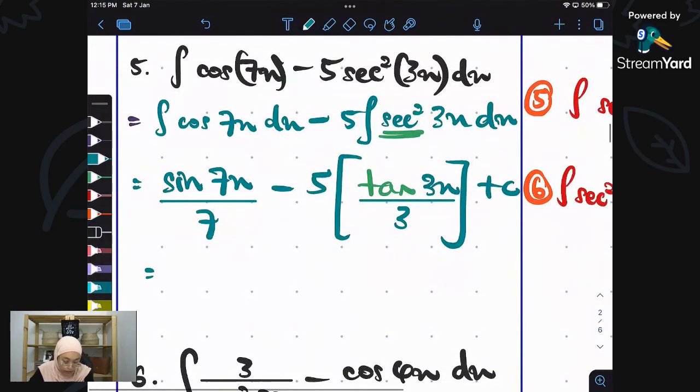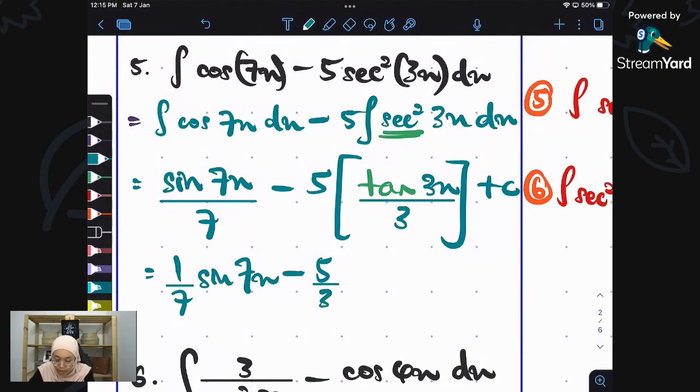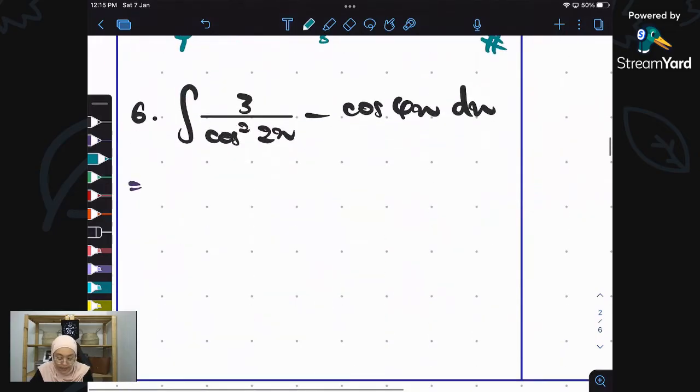Therefore, the final answer is 1 over 7 sine 7x minus with 5 over 3 tangent 3x plus c. Ta-da! Habis soalan nombor 5. Let's go to question number 6.